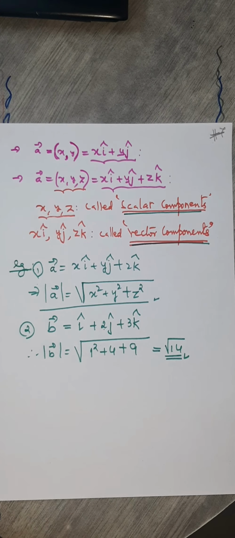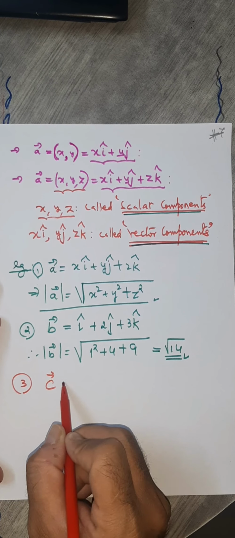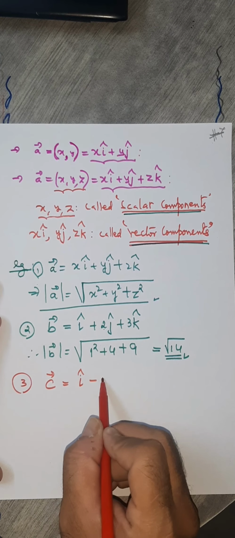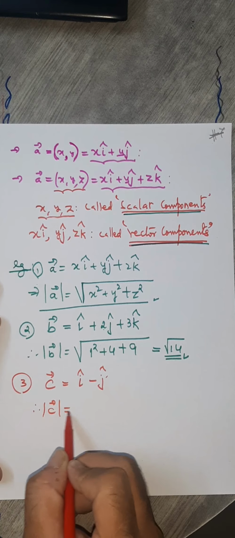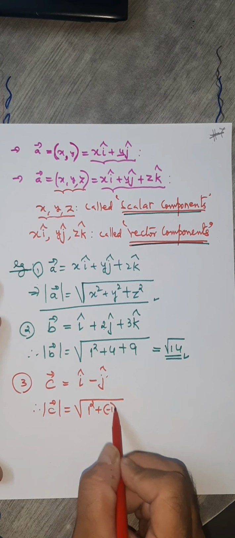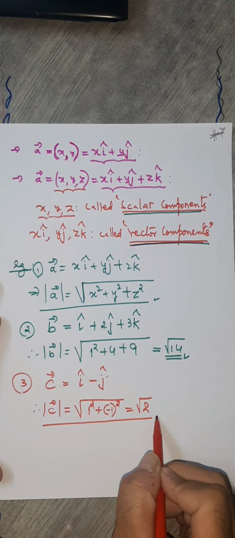If I take one more vector here, let me take vector c equal to i cap minus j cap in R2 only. So then what's the length of this vector? It would be root of 1 square plus minus 1 square, which is nothing but root 2. That's the length of this vector c.